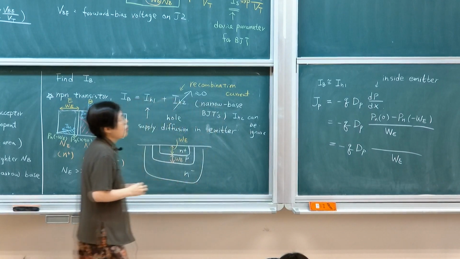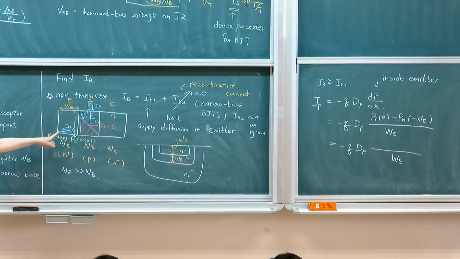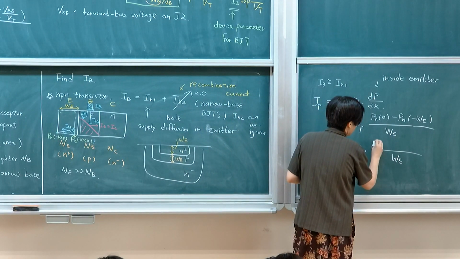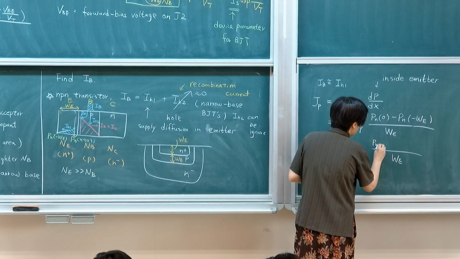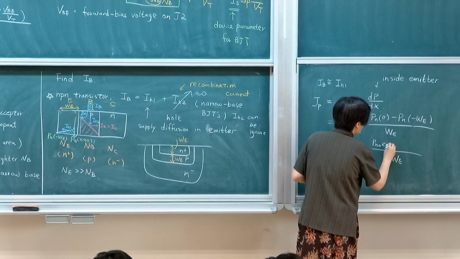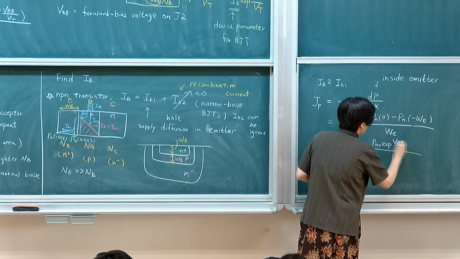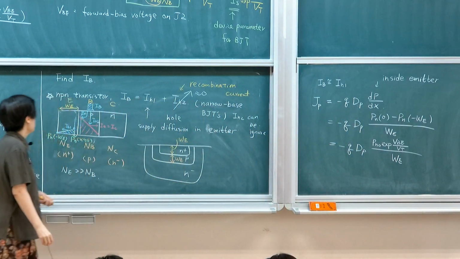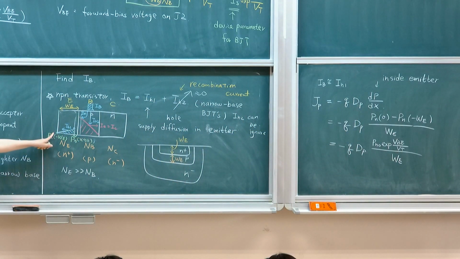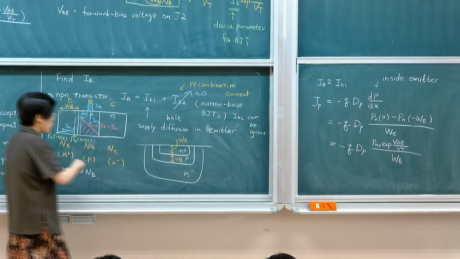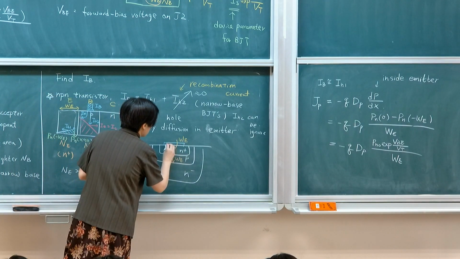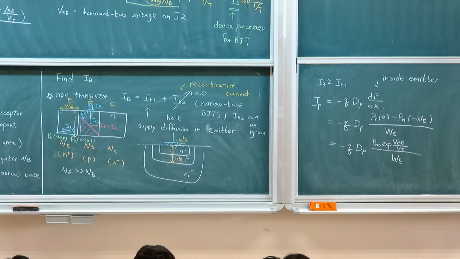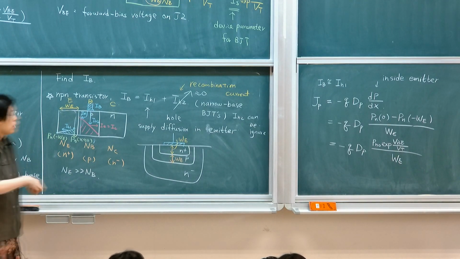So what is on the 0 side? It's a forward-biased PN junction, therefore it is Pn0 exponential VBE over VT. So whatever is at this junction, this is typically the metal contact junction. At the surface junction, we're assuming that anytime you arrive at the surface, it will be close to equilibrium state.